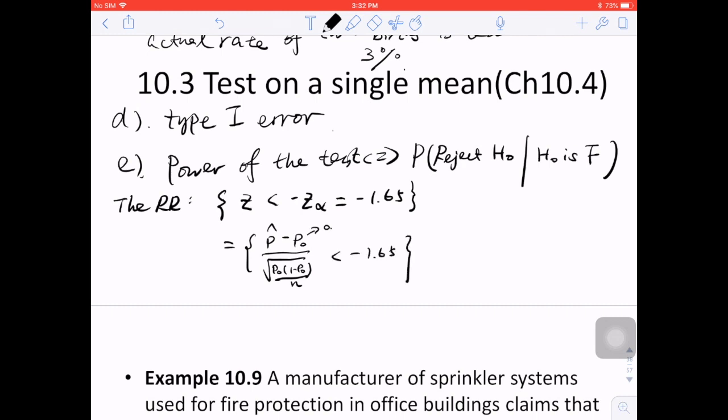So this P0 is 0.03, N is equal to 700, right? Okay, so this can be calculated as P hat is smaller than 0.019.